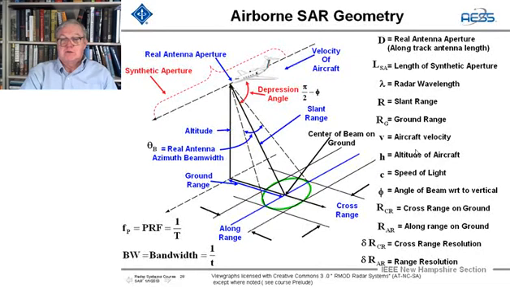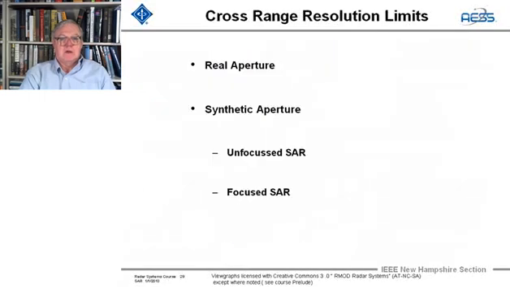And you can see all these different parameters as we go on and derive the different resolutions and dimensions that the system will be constrained by. Now for the cross-range resolution, we have limits.